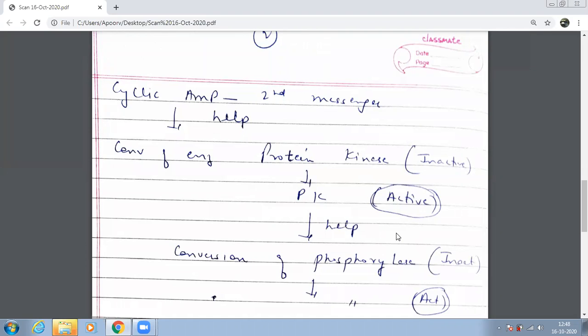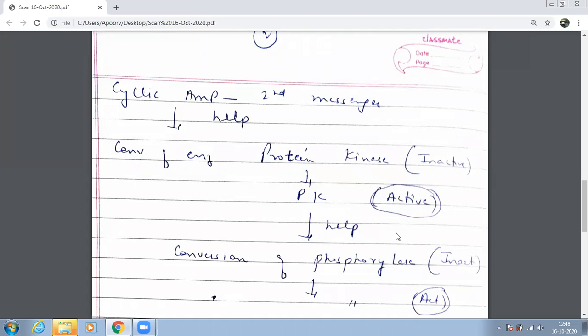Before I go on to the third level of reactions, first tell me, we are talking about which kind of hormones? Adrenaline hormone. Are they small or big? Big.